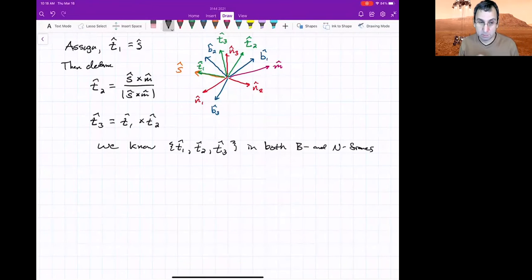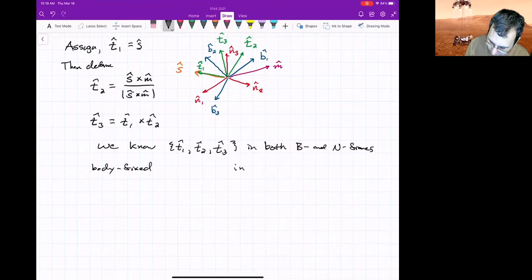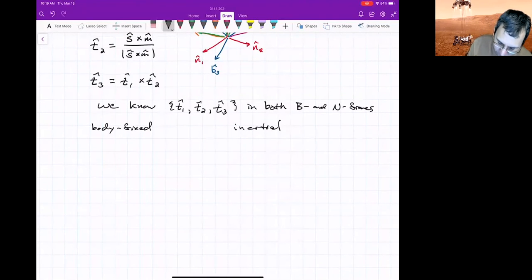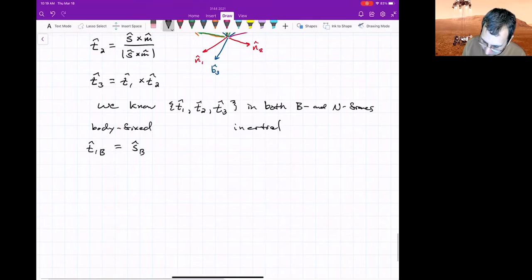In terms of the B and N frame components, I'll do them, the body fixed and then inertial over here, so you could see them side by side. We know that T1 in the body fixed frame is S in the body fixed frame. Same with the inertial. T1 in the N frame is equal to S in the inertial frame.